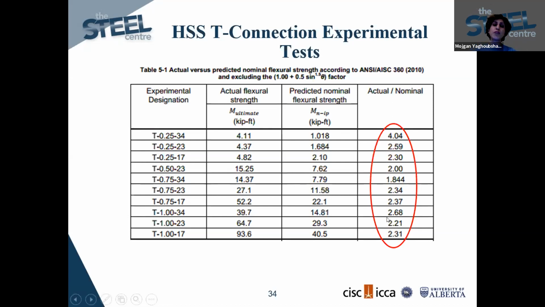So it was found that AISC is over conservative. In this research work, we decided to provide some design recommendations that could calculate more realistically the capacity of the welded connection.